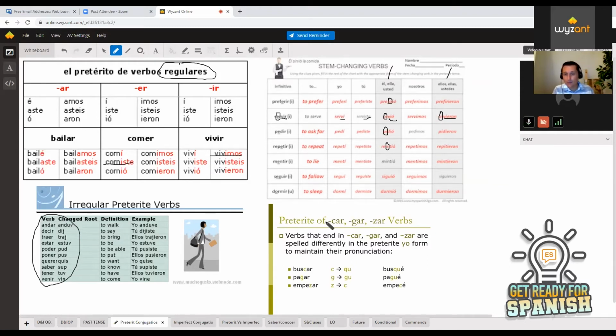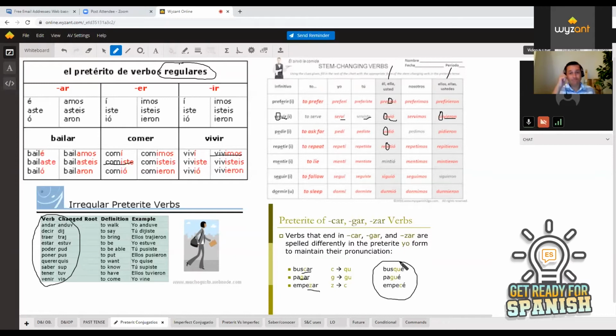And finally, we have the car-gar-sar rule. That means when we conjugate in the yo form, if the verb ends in car, in gar, or in sar, it's going to do a little change. It's going to do a spelling change. The C is going to change to QU, the G to GU, or the Z goes to a C. All right?